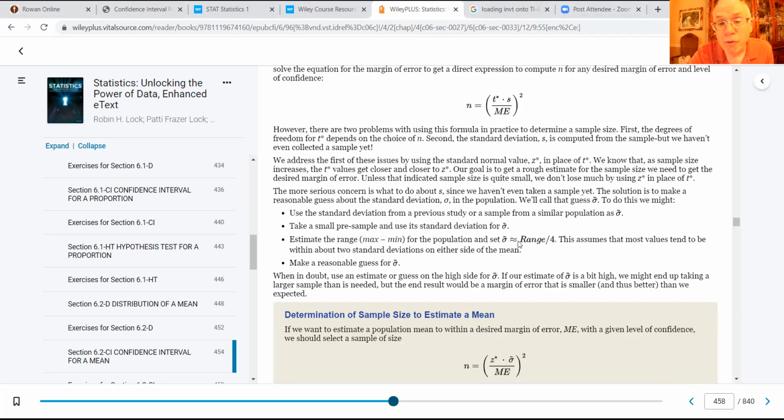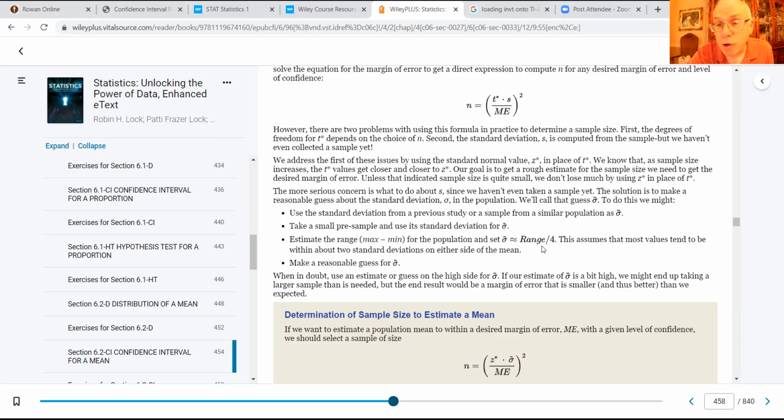Another little formula that they sometimes use, and you should be familiar with this, is sometimes if we have data, we take the range of the data. That means the maximum minus the minimum, and divide it by 4.